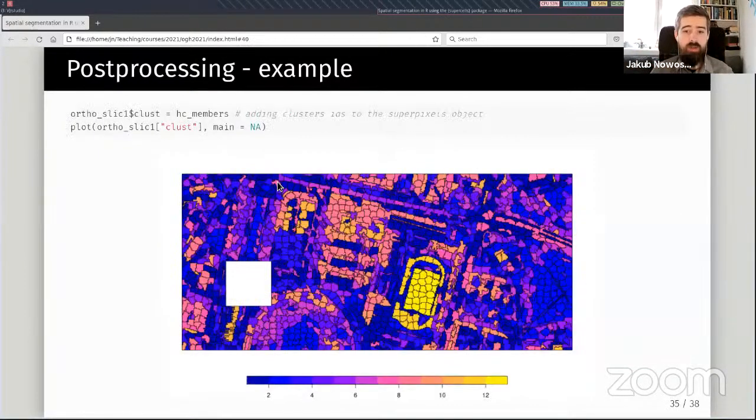And this is our result. So here, each color represents a different cluster obtained from hierarchical clustering. And you can see, for example, that our field is the 13th cluster.